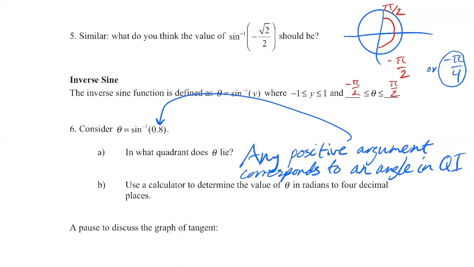Because the only quadrant where we had positive sine values, remember, is right here.